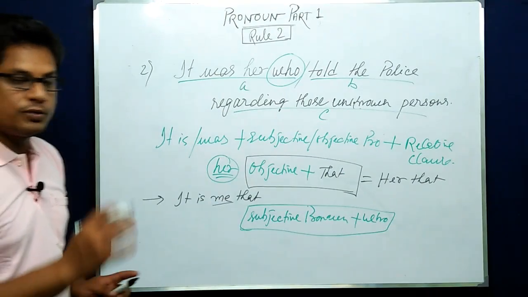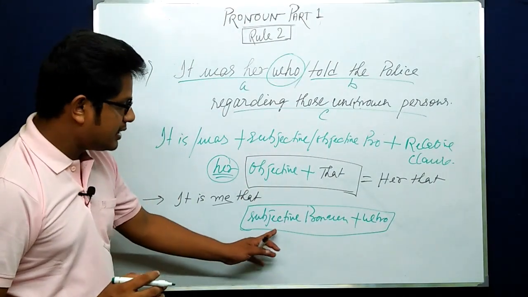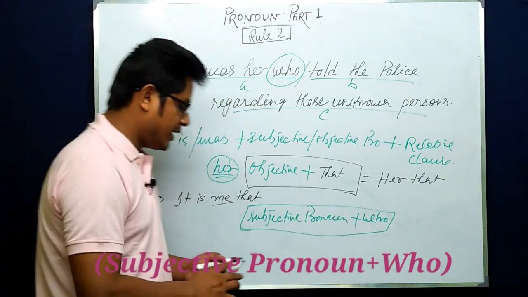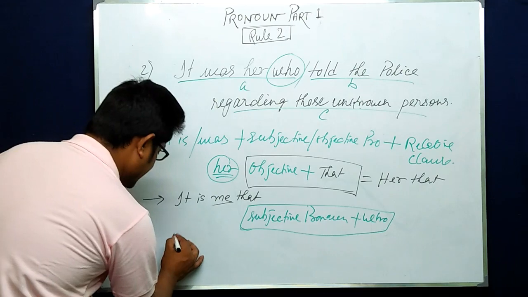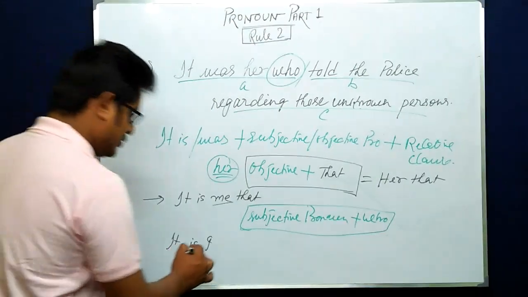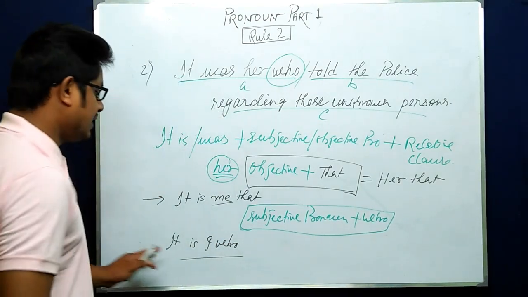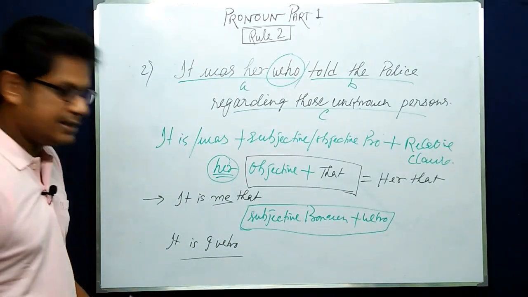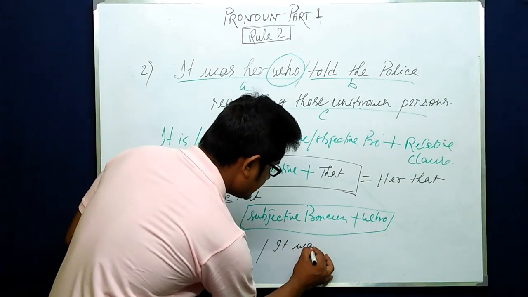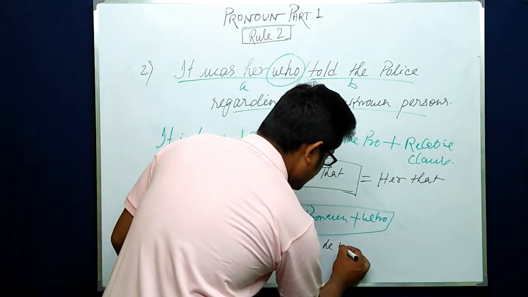So if you want to use any relative clause after a subjective pronoun, then you have to use who. So if the sentence is it is I, then you have to use who. It is I who, right? If it was like it was he, then it would be it was he who.